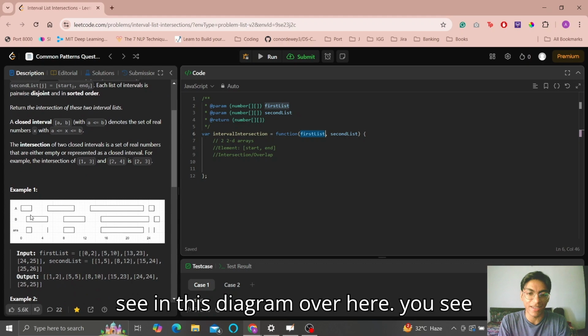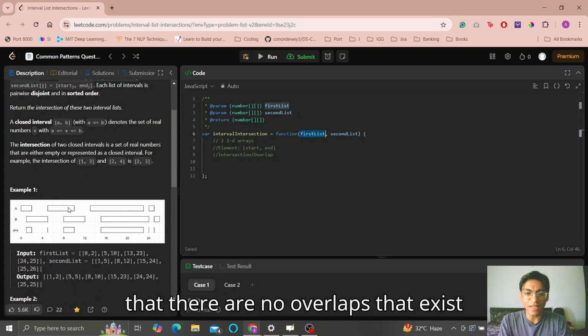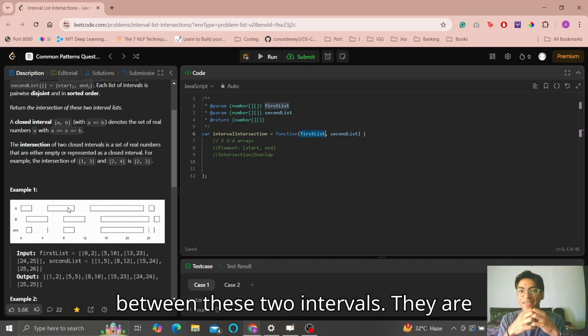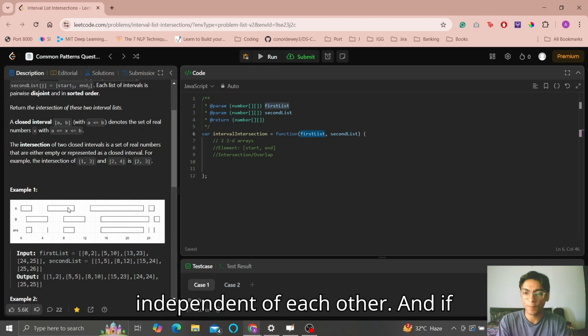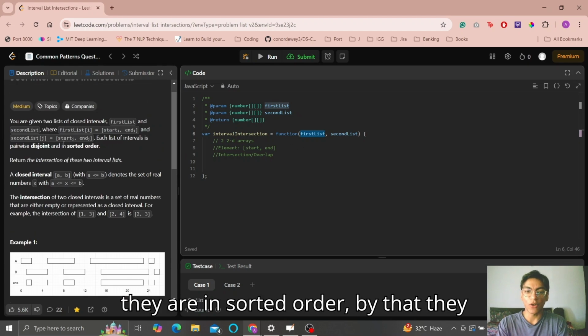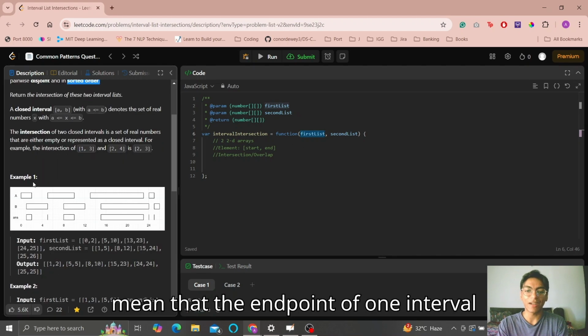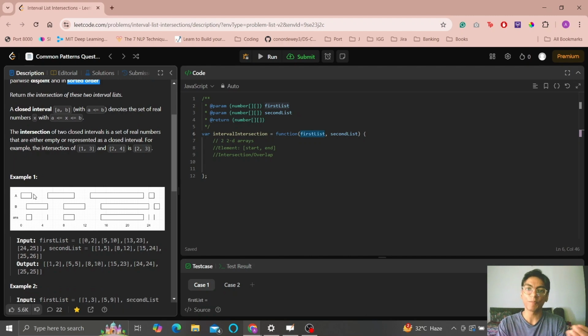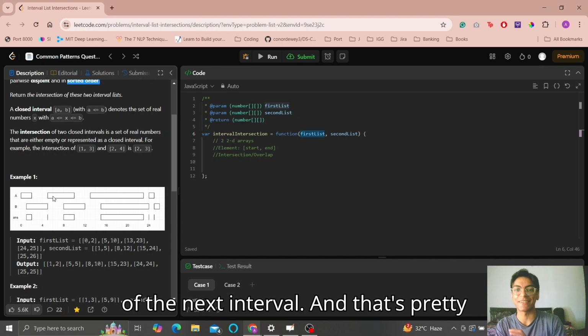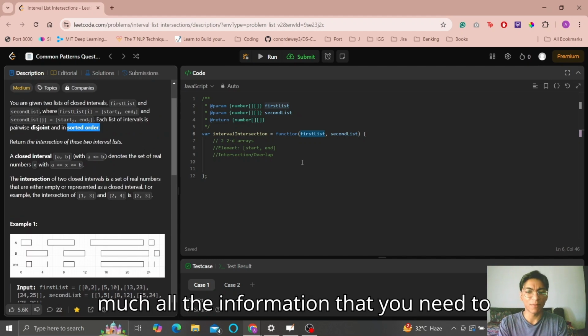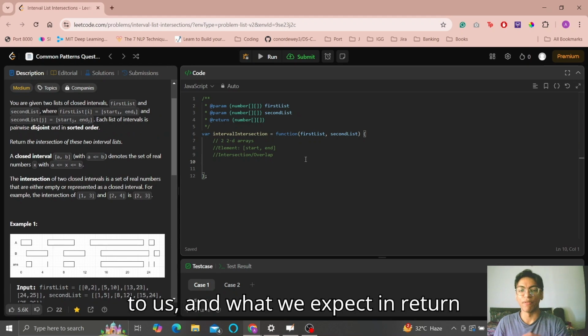As we can see in this diagram over here, there are no overlaps between these two intervals. They are disjoint, they are isolated, they are independent of each other. And by sorted order they mean that the end point of one interval will always come before the start point of the next interval. And that's pretty much all the information you need to understand the input that they've given to us.